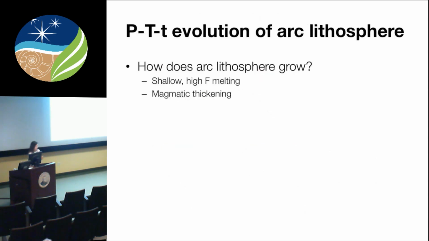Okay, so let's revisit those questions I posed in the beginning about the PTt evolution of this arc lithosphere. How does the lithosphere grow? Well, the data show that we have to have this shallow, moderate to high degree melt depletion, and then a subsequent thickening and cooling of the lithospheric mantle. And this has to happen within a reasonable time frame so that we don't have advection that carries away that lithospheric mantle.